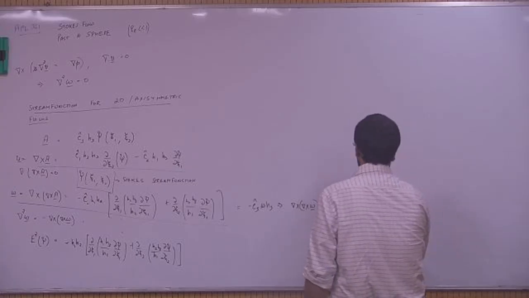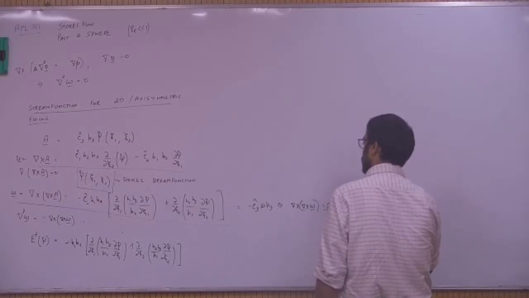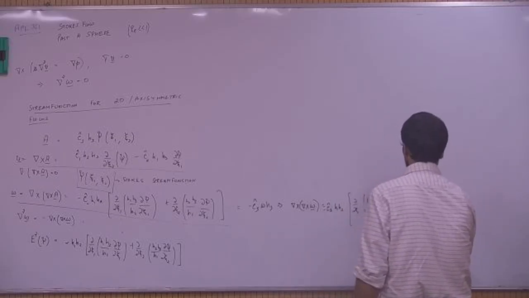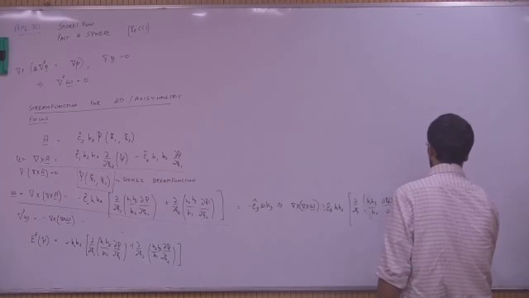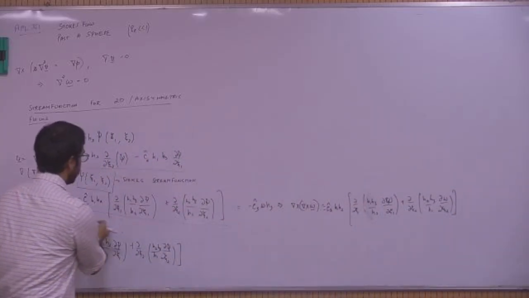h1 h3 over h2 del omega over del c1 plus del by del c2 h2 h3 over h1 del omega over del c2. And now this omega we know is defined like this.